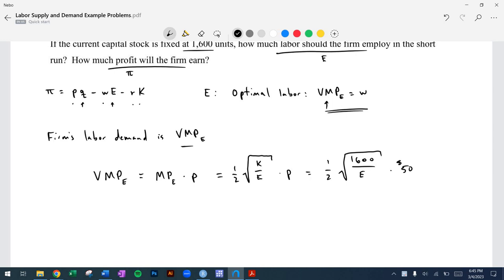Continuing on, this is the square root of 1,600 over the square root of E, times 50.